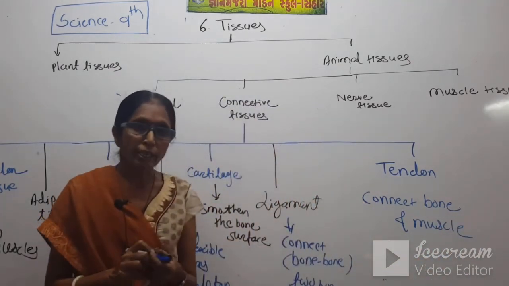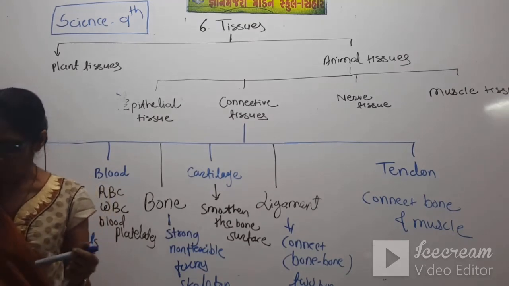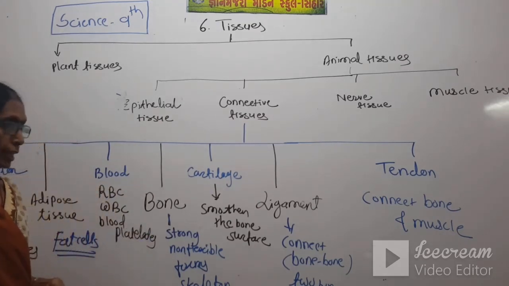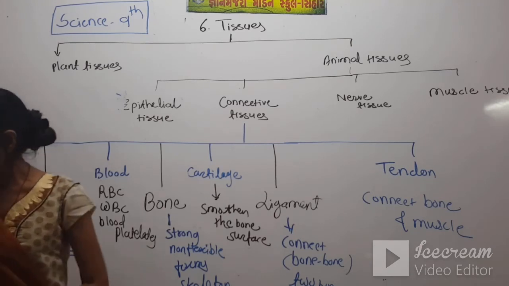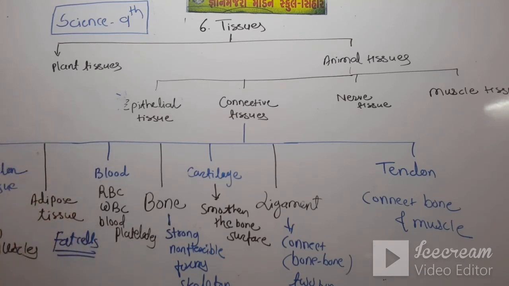Okay, students. So again we will discuss all the types of connective tissues. There are mainly 7 types. Number 1, areolar tissues. They are found in skin and muscles, not on the surface of the skin but inside the skin and also in the muscles. Adipose tissues are fat cells, responsible for fatness of our body.